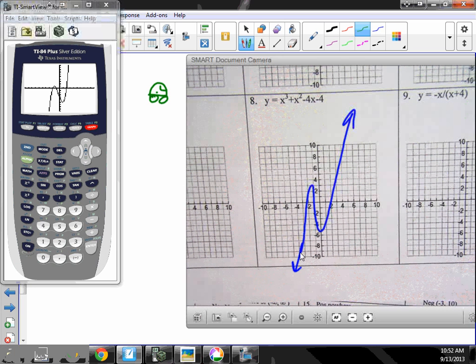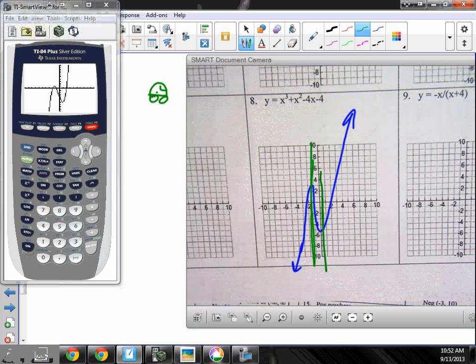Now, don't trust the minimums and maximums here. You always want to test them if it's an x to the third graph. If it's an x squared graph, you can usually trust them if they look like they're close to a whole number. But on this graph, you can't. So I'm going to break the graph into 3 sections. So this section on the left, what's happening on the left side? The graph is going up.